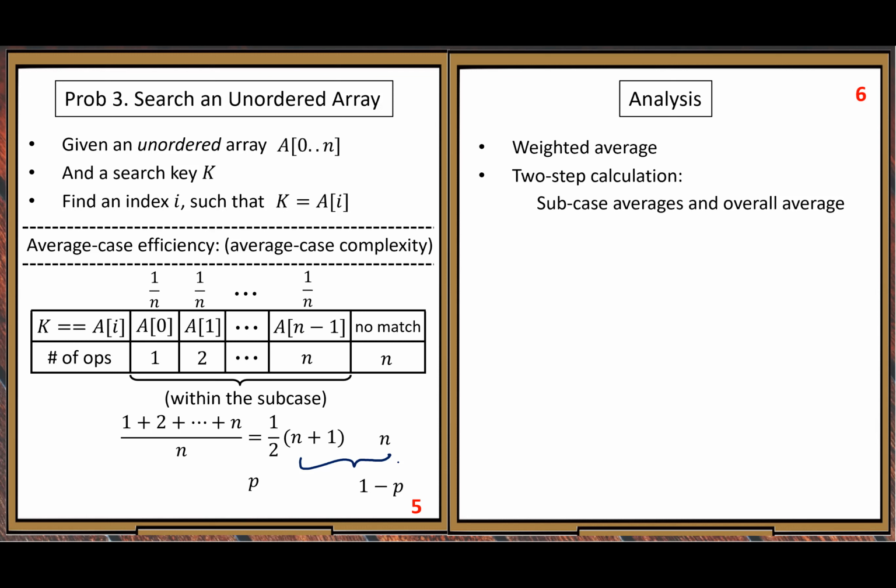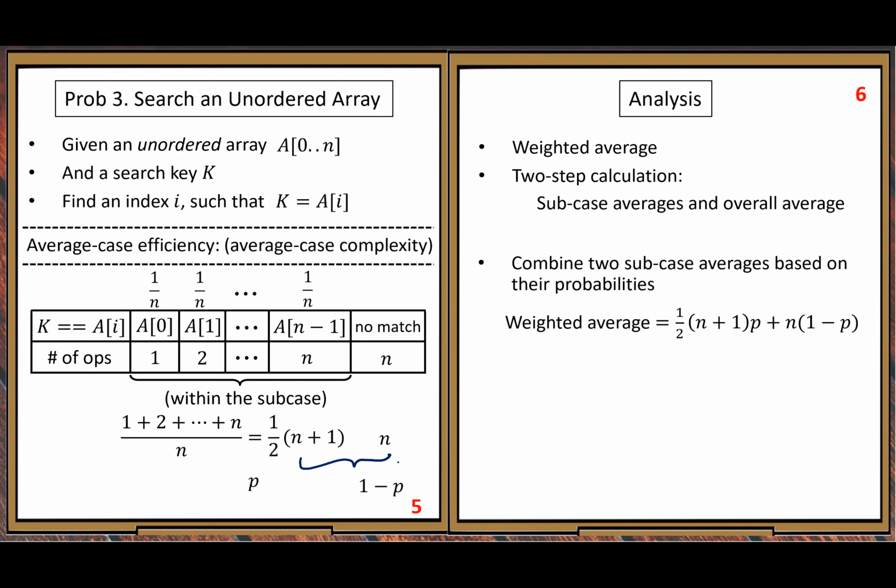Then let's do the weighted average this time. We have all the data we need, so we can calculate the weighted average. Let's write the formula. We combine the two subcase averages based on their probabilities. The weighted average equals the first average number, 1/2 times n plus 1, multiplied by its corresponding weight P. That's the first term.